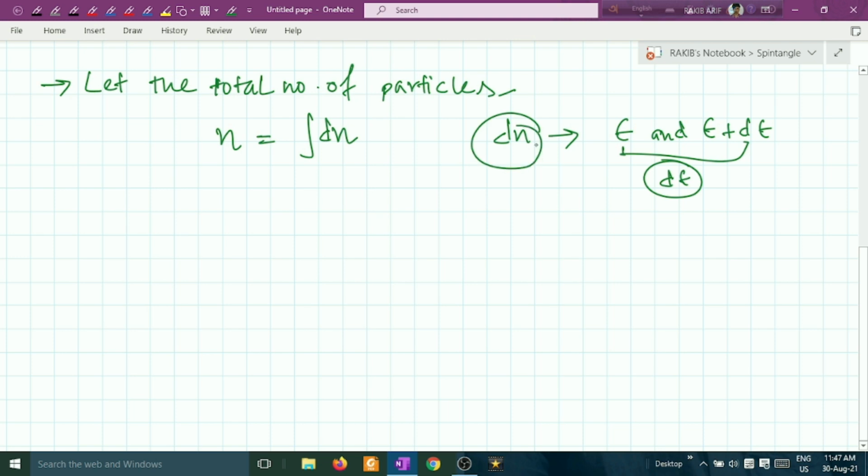There are a number of particles, say this is dN. Therefore I can easily write that dN equals n(E) dE. So from our first equation, N equals integration n(E) dE. This is the number of particles here.